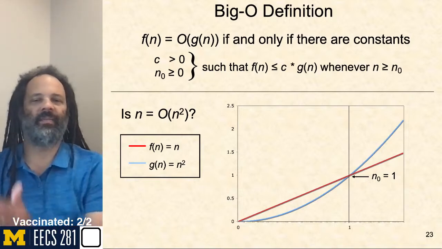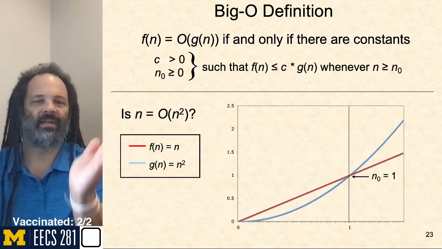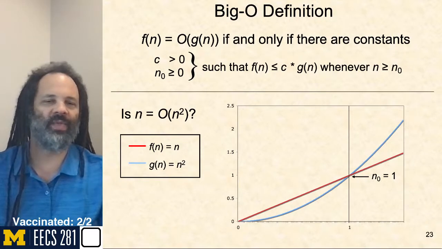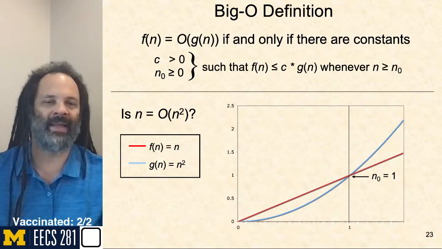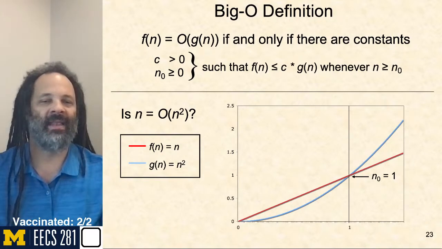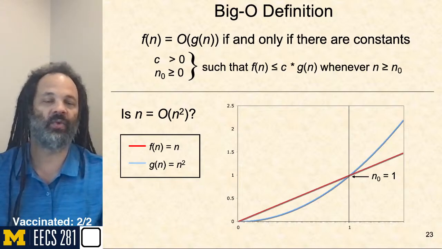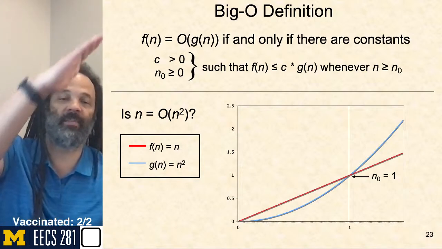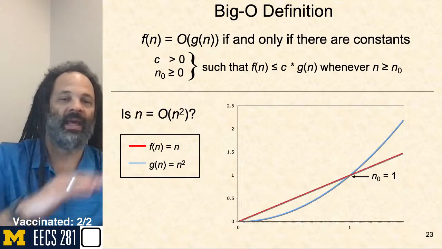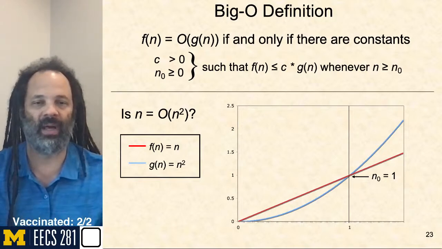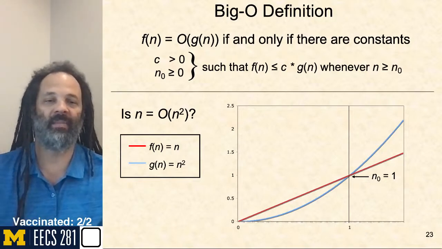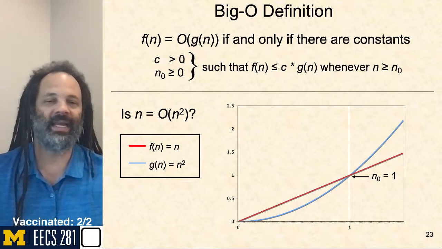And for a little bit, the quadratic is actually below that. But once we get to that n sub 0 equals 1, that's where they cross over, and the bounding function, n squared, goes above the bounded function, n, and it never goes back below it. So that's how we know that it's bounded by it. That's what we can see here graphically.